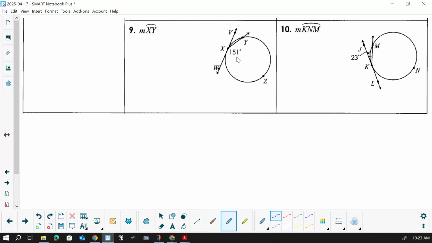Let's see here, 151. Well, the angle this time is 151, so the arc X, Z, Y all the way around here will be double that, right? 302. 360 is a whole circle, so 360 minus 302 was 58. So this little arc XY would be 58.